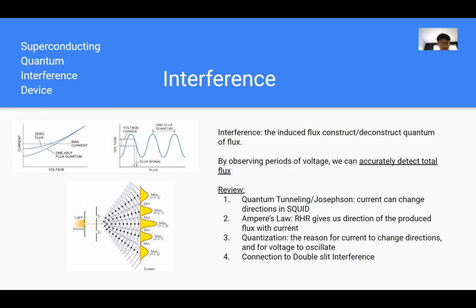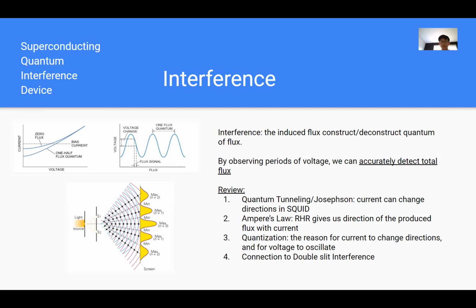So if we observe, because current is oscillating as flux increases, you can see on the very top left, because SQUID, the voltage tells us how current oscillates. We can graph this current voltage versus flux, and when it's zero flux, the current would be that line.